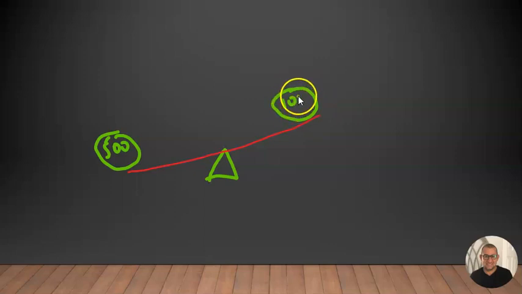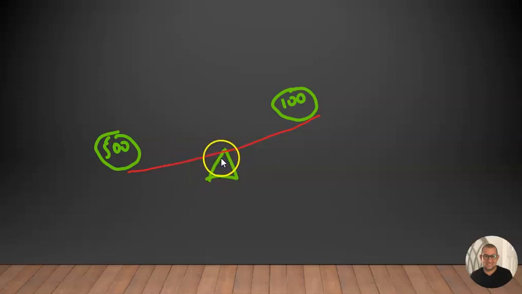I don't know why I made them the same size, but 500 on the left, 100 on the right, and you notice obviously the left is going to go down, it has more leverage. We're no longer balanced. So in order to get this balance, what do we need to do?